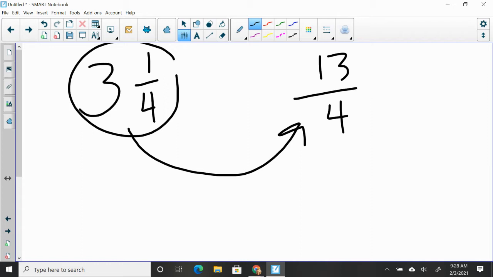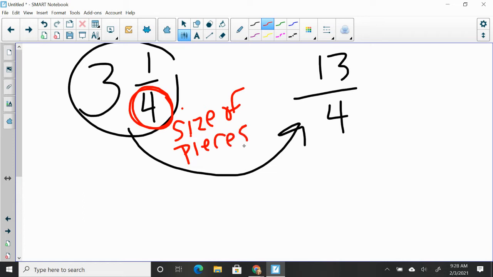Okay, now if you remember, your denominator, which is the 4, tells you the size of pieces. Okay. So if we have fourths, then that's what we are talking about. We are talking about pieces that look like this. Okay. That's a fourth.